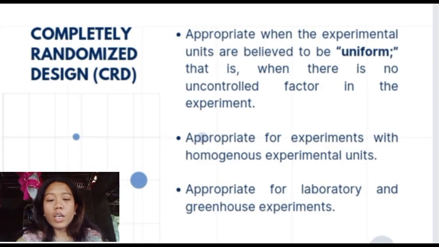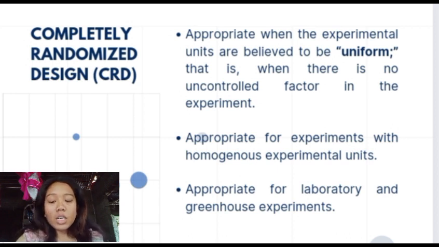And for the uses of CRD, it is appropriate po when the experimental units are believed to be uniform. That is when there is no uncontrolled factor in the experiment that could be measured during an experiment na pwedeng makapag-influence po sa result ng experiment natin.